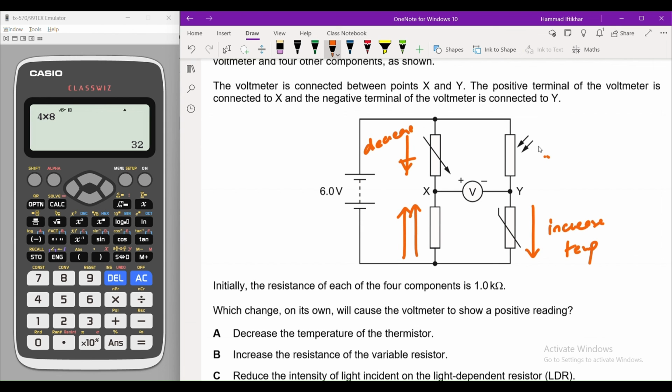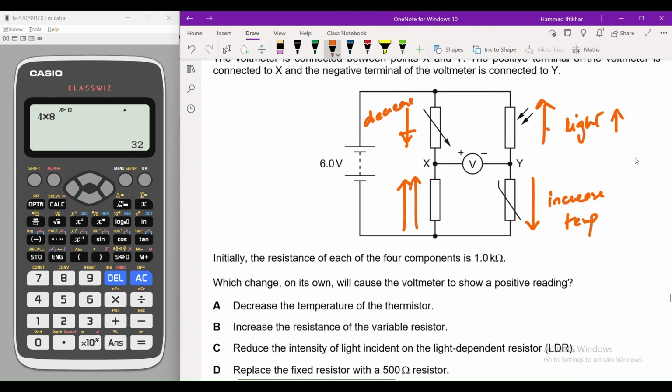And since we want the potential difference across this to increase, this is an LDR basically, so potential difference increase means resistance increase, so the light intensity has to decrease. Okay, so let's see which one of them. Decrease the temperature, no. Increase the resistance, no. Reduce the intensity of the light incident on it, yes, that is correct.